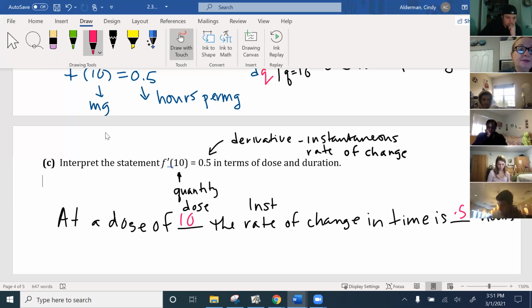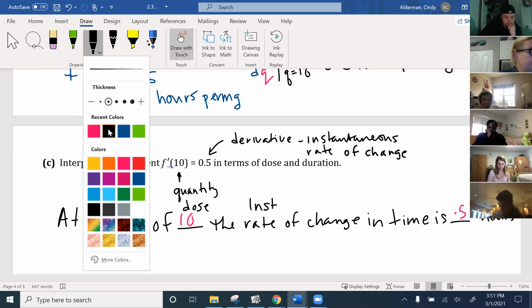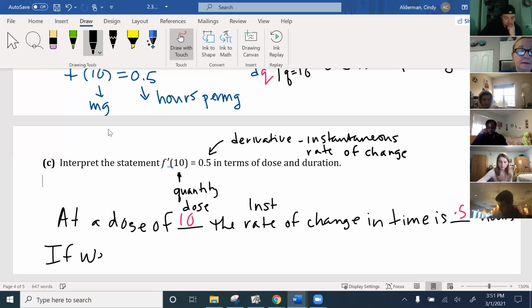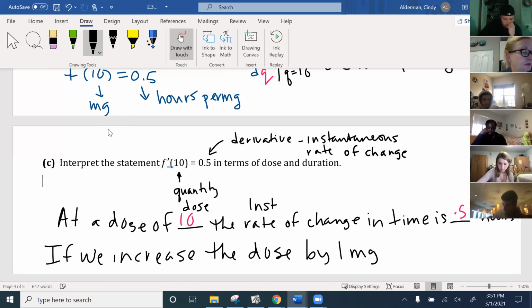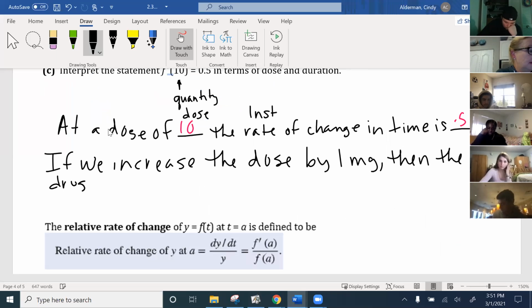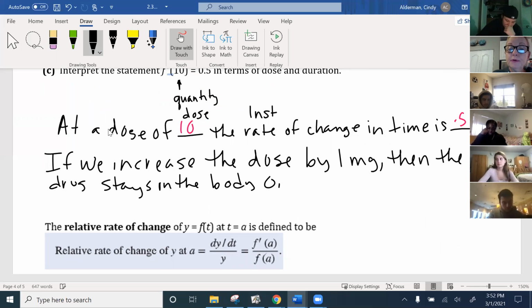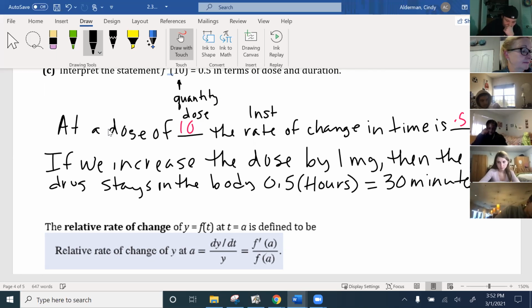So we can further delineate by saying, if we increase the dose by 1 milligram, then the drug stays in the body 0.5 hours, which, by the way, is 30 minutes, longer.